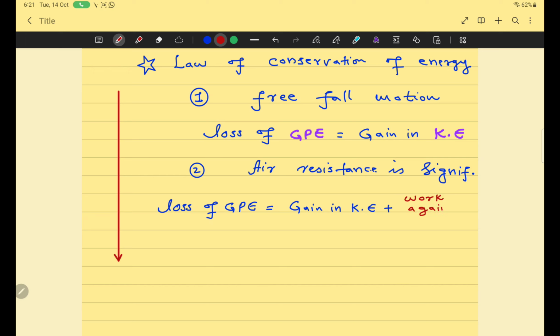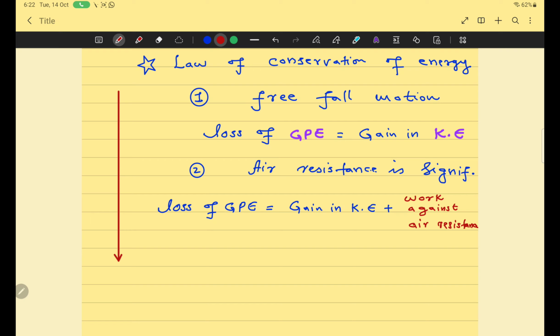So we will have to do work against air resistance. And remember, work against air resistance, work against a resistive force, produces thermal energy.